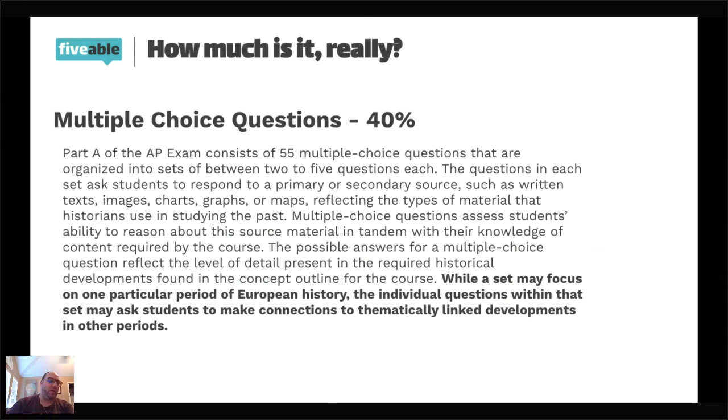Or we could ask you about colonization of the Americas and tie it to America's colonization of the Philippines, okay? Really what they're looking for here, they want to know is not just do you know the facts, but can you synthesize information from these facts to understand the nuances of the topics?